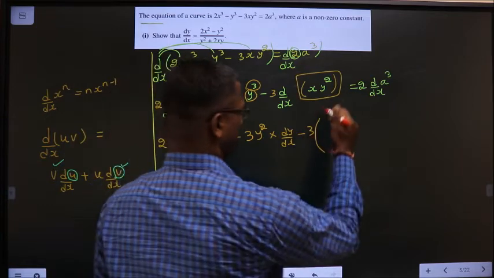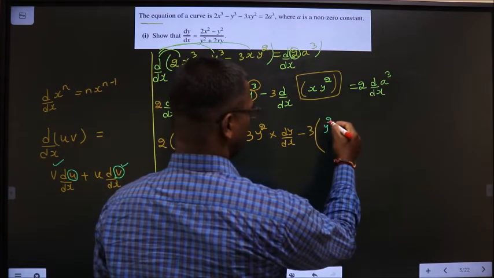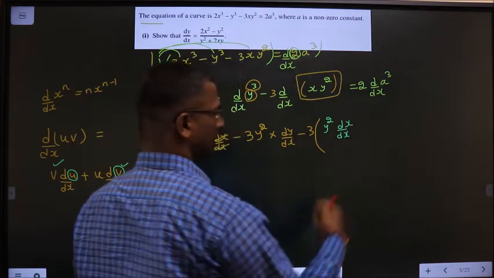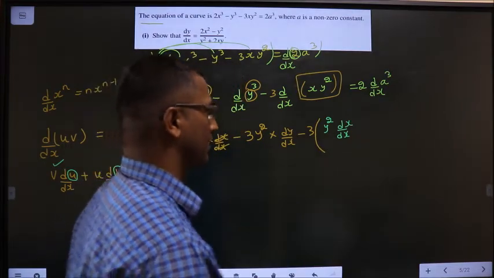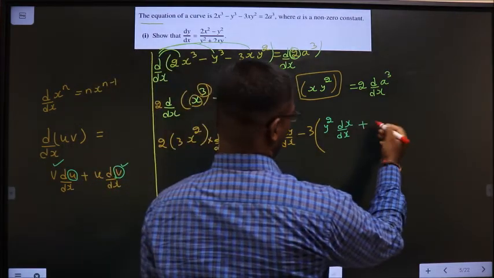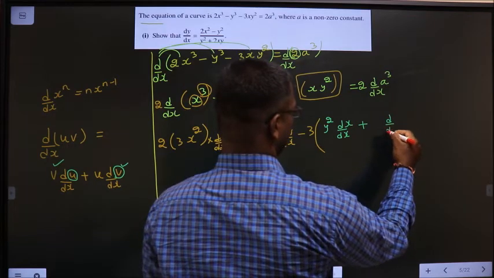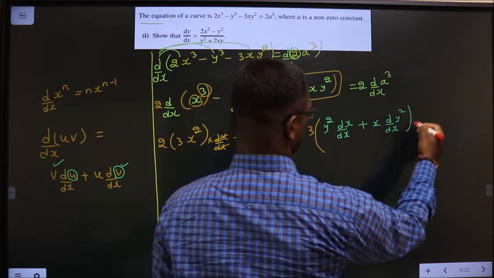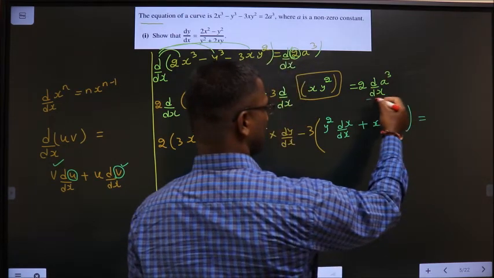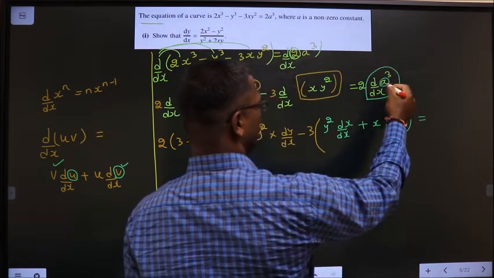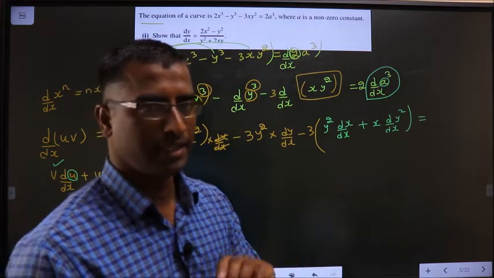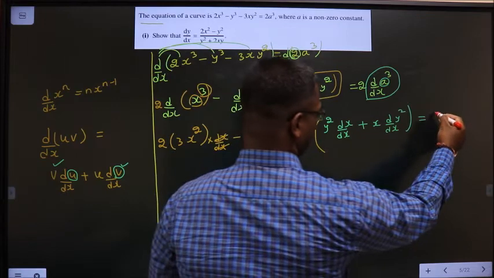So here, if I differentiate x, then y² outside. Now I differentiate y², then x outside, equal to, a is a constant, so differentiation of any constant is 0, so that we write.